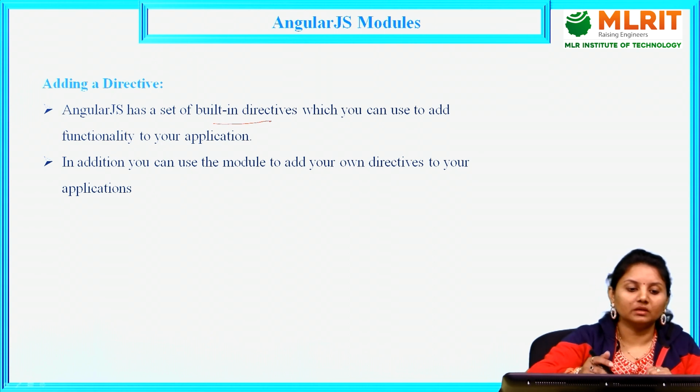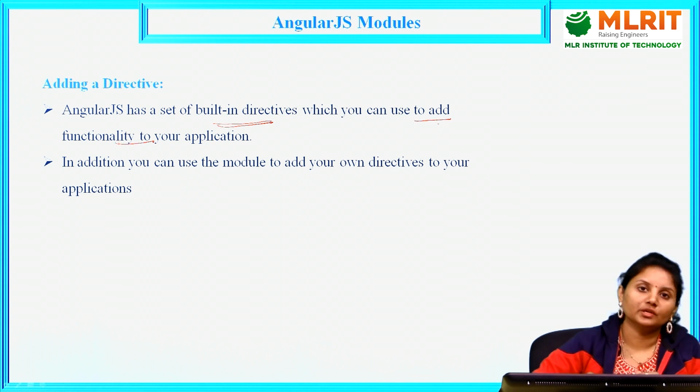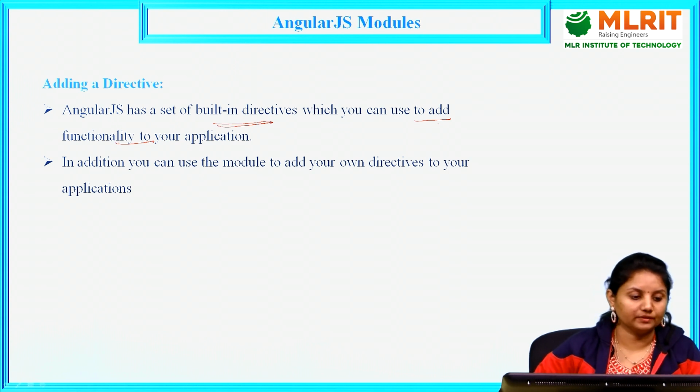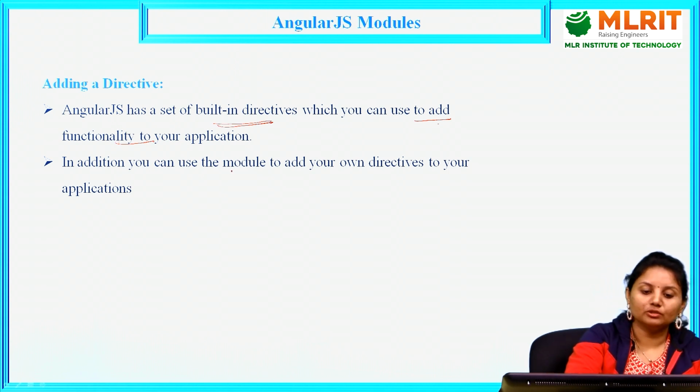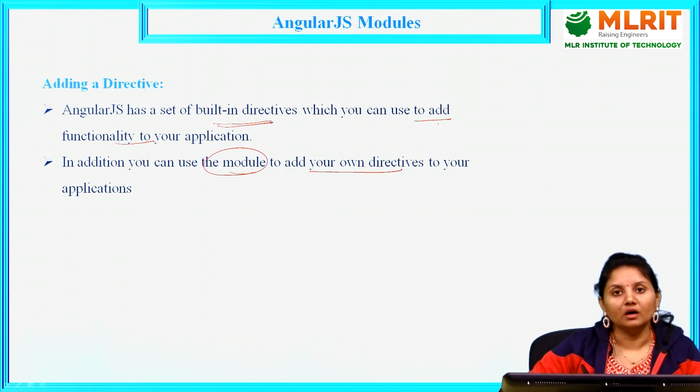So there is a set of built-in directives which you can use to add functionality to your application. Suppose you wanted to make your application more interactive, that functionality has to be defined by adding a directive. In addition, we can use a module to add your own directives. How a directive can be created by the user, that can also be created under the module.